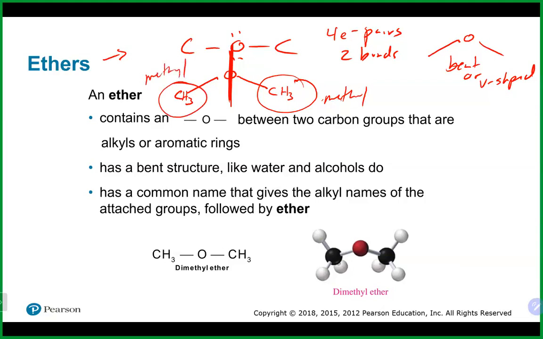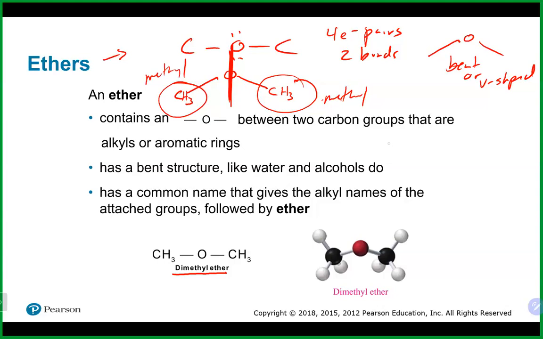Since there are 2 methyl groups in this ether, that is where we get this name that we see here, dimethyl ether. So the common way of naming an ether is to look at the oxygen and then look to the right and to the left of the oxygen, and you name those carbon groups. You put them in alphabetical order, and then you just put ether at the end of the name.